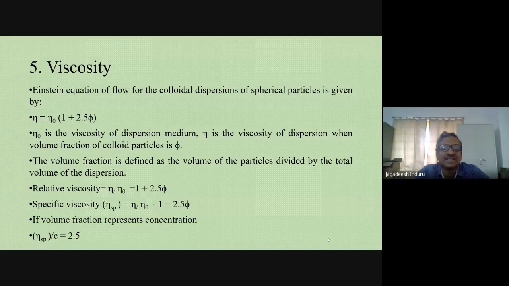Here φ is the volume fraction of colloidal particles. Generally, in a coarse dispersion, we have a φ above 0.2. Above 20%, we will be having a solid dispersion.